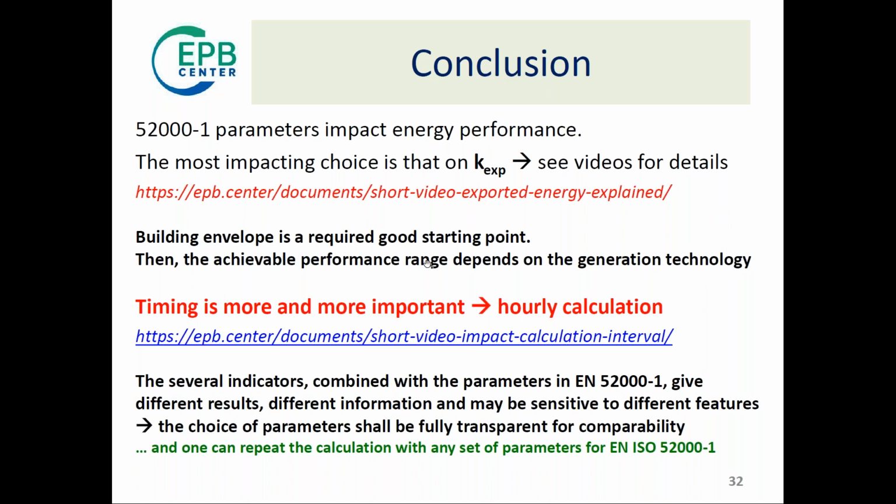Then the achievable performance range depends on the generation technology, and timing is more and more important. So you see that all these things can be completely described by this set of standards, and you can put the whole figure together to have the result for the whole building, and it's sensitive to all these parameters and also to some choices which depend on the regulation.